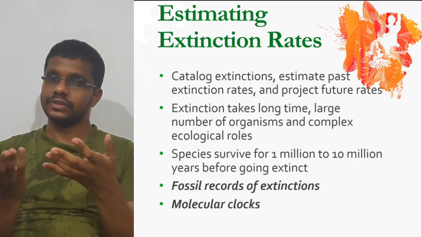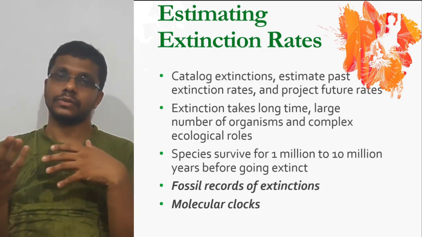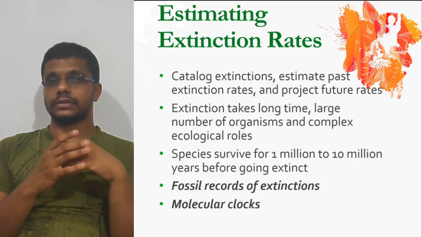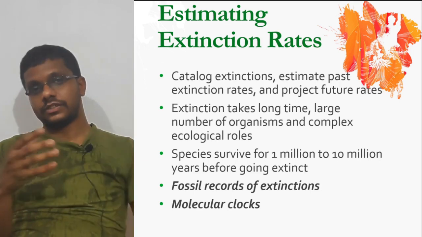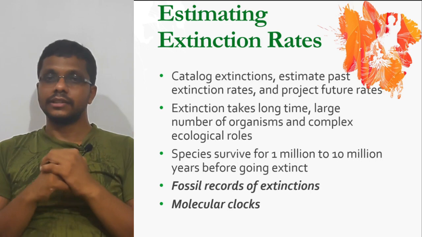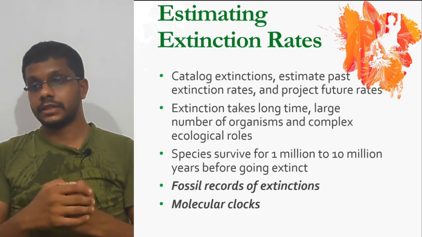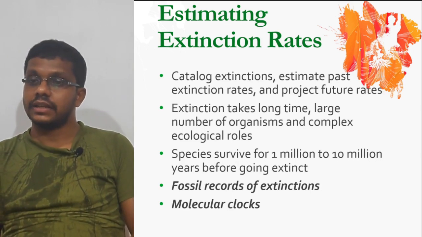Or if we get a fossil and we get the DNA, we can track how old this fossil was, or how long it has lived. Things like that can be calculated by comparing the changes in DNA. So that's the molecular clock.